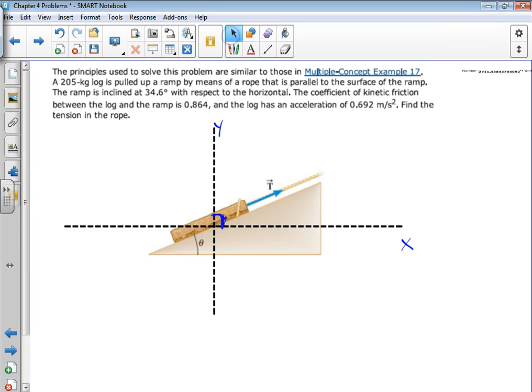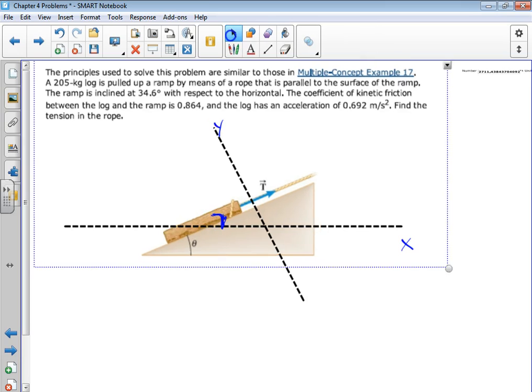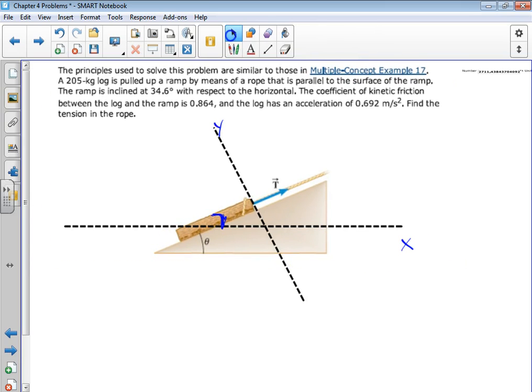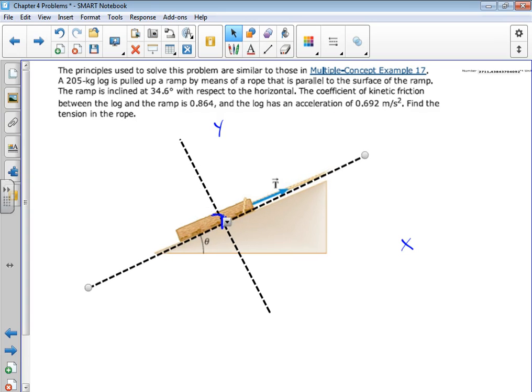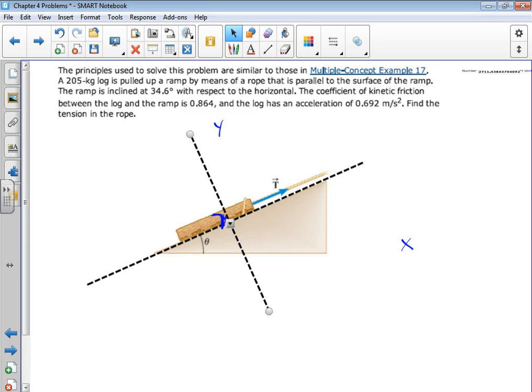So what we can do here is take our y-axis and our x-axis, keep them perpendicular to each other, but tilt them like you see here.